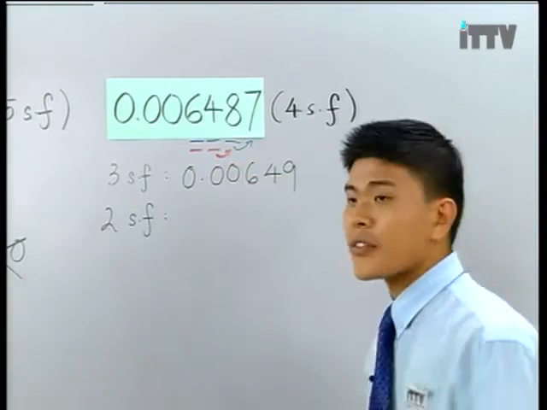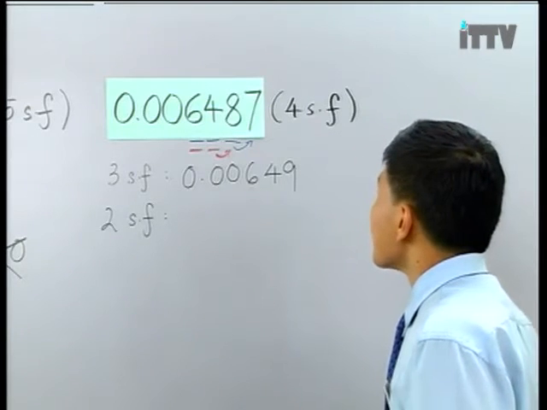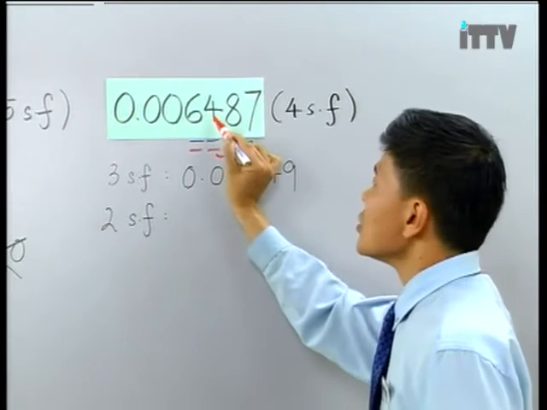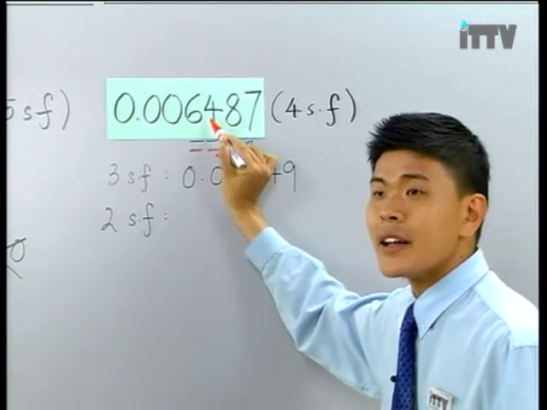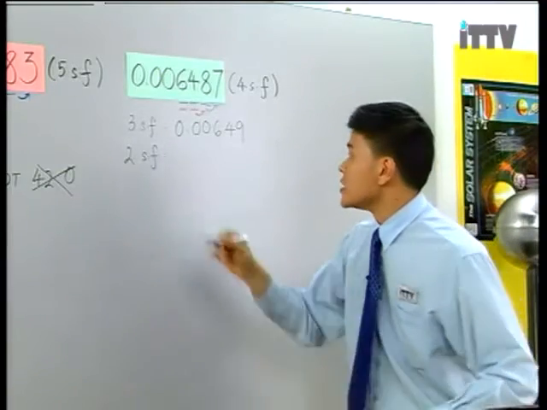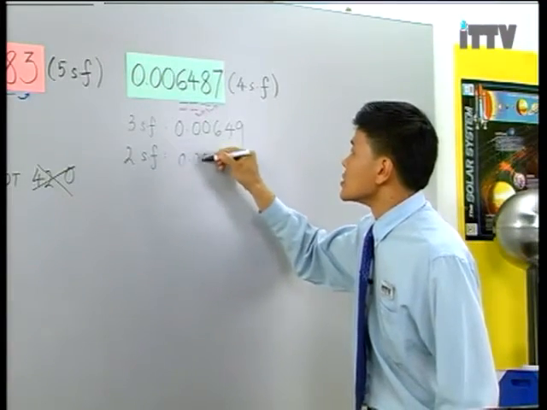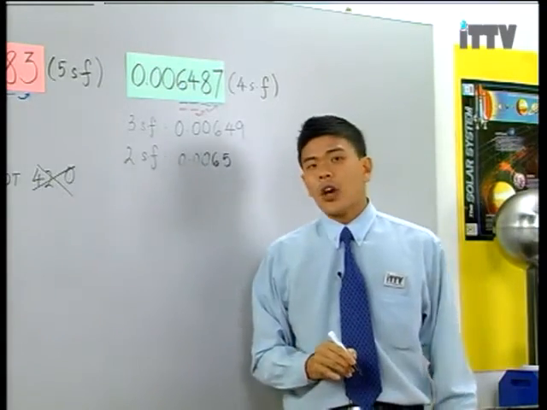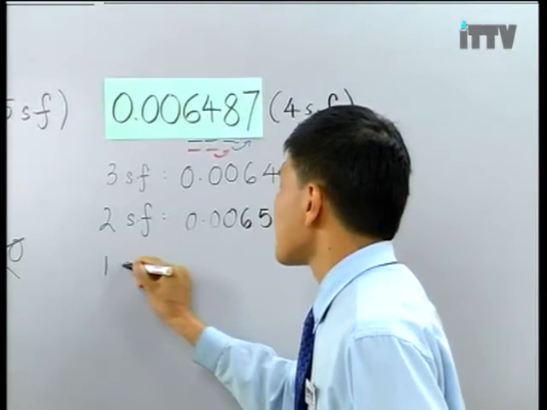Is it greater than 5 or not? It is greater than 5. So add 1 to the previous underlined digit. So 4 plus 1, the last digit of this is 0.0065.